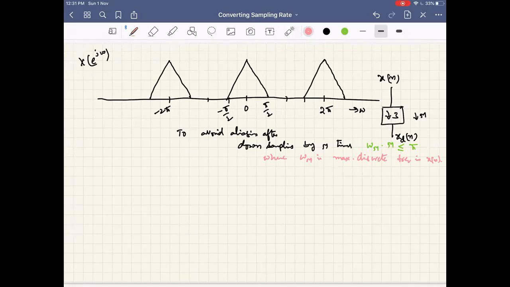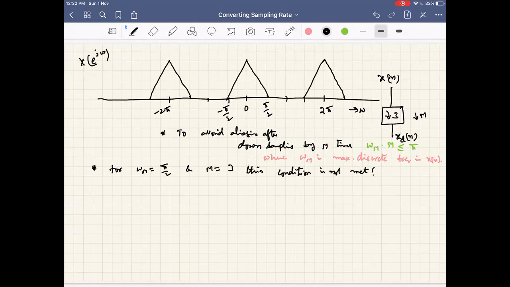So this is the condition needed. But say if you want to do downsampling by 3 and omega m is pi by 2, it doesn't meet this condition. Hence, to avoid aliasing, what you need is to apply a low pass filter. For omega m equal to pi by 2 and m equal to 3, this condition is not met.